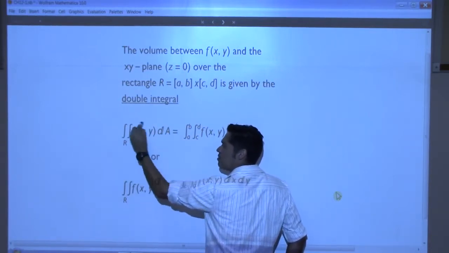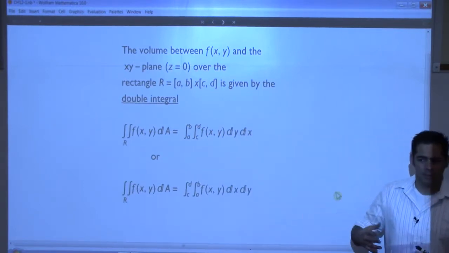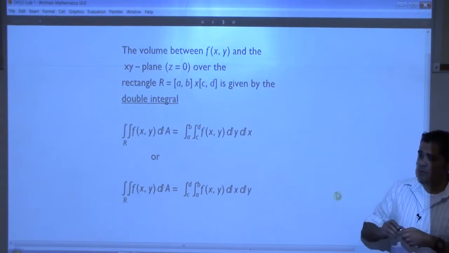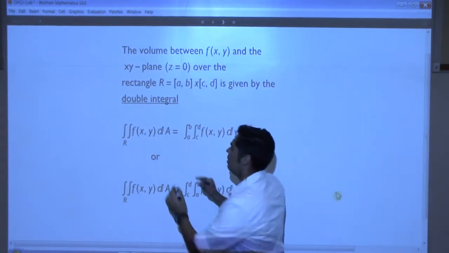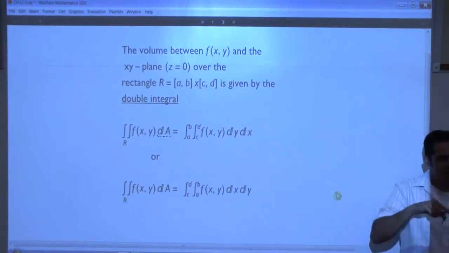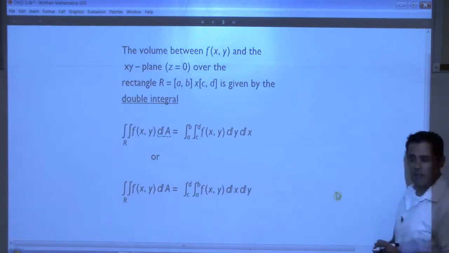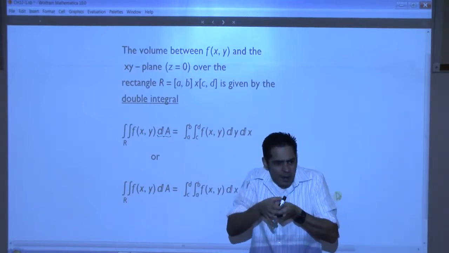This right here represented what part of the picture? The f of x y was the height, right? So this was the height of it. This right here, dA. What do you think the capital A stands for? Area, right? It's an infinitesimal area on the ground.